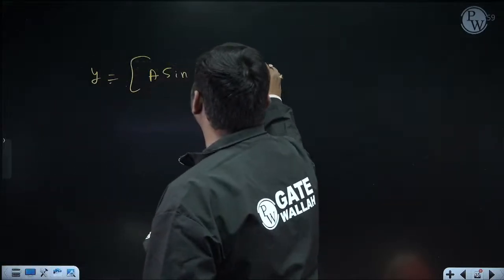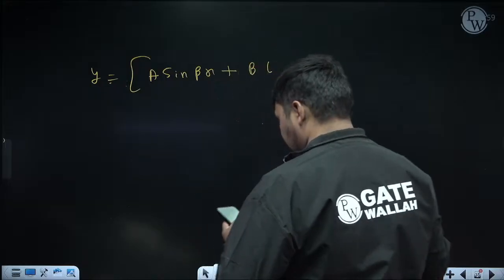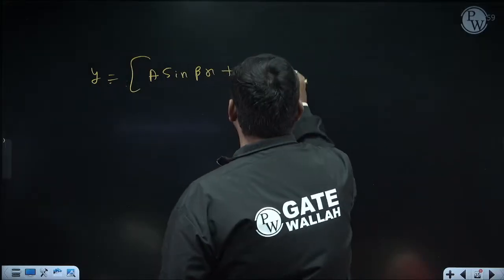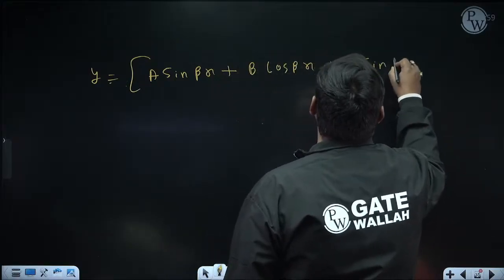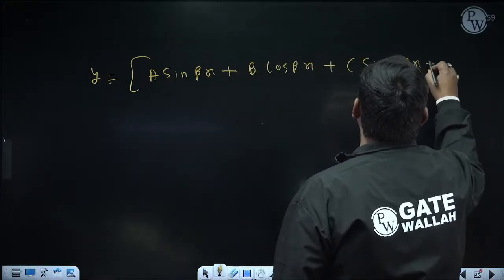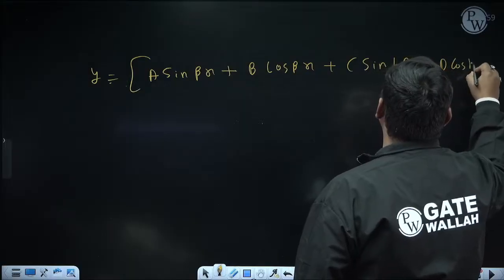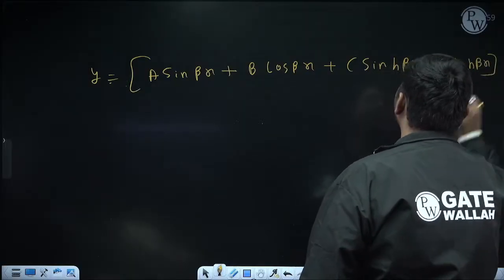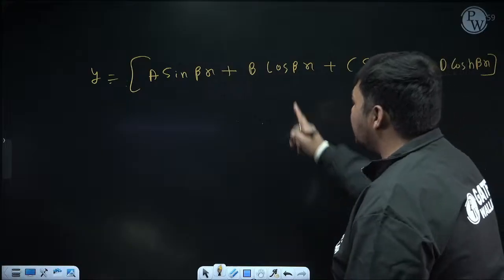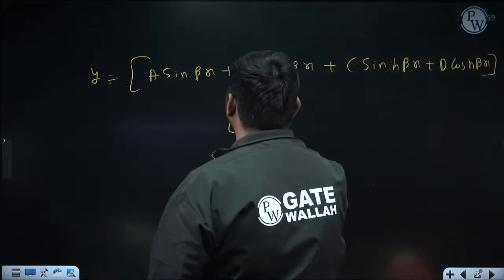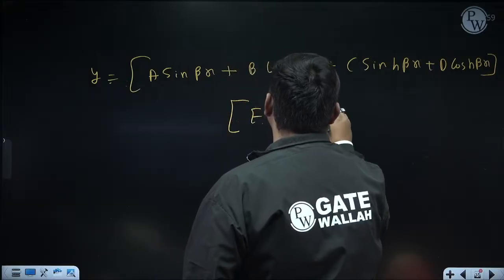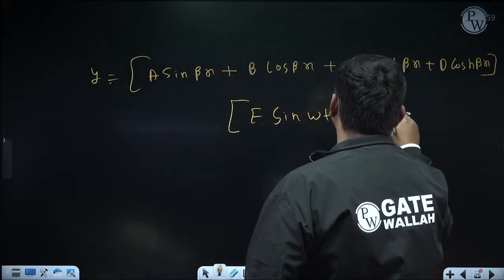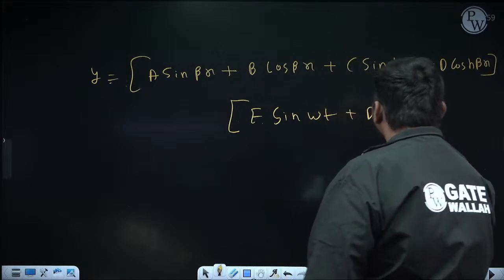That I will discuss, don't worry. So here, if you solve it, it will come like this as a function of x. Then the function of time, with a, b, c, d already used, I use now e sin omega t plus d cos omega t. So again the frequency is omega.